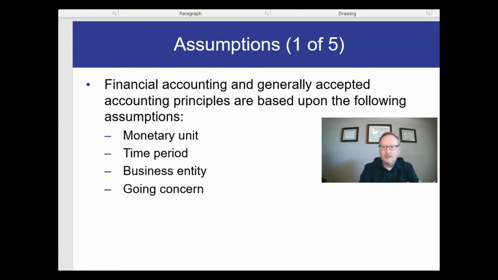We've got monetary unit, which is how we record things. Money, monetary, right? Time is in what time period does this activity of doing business take place? The business entity, which we talked about quite a bit in Chapter 1, whether you're a sole proprietorship or a corporation makes somewhat different.